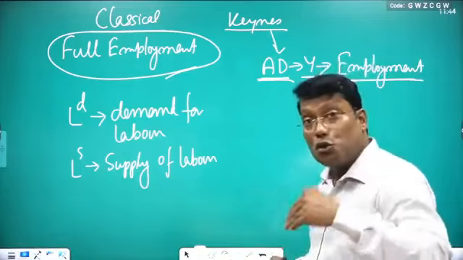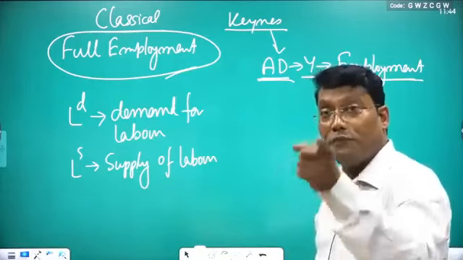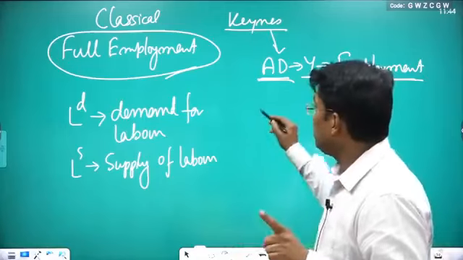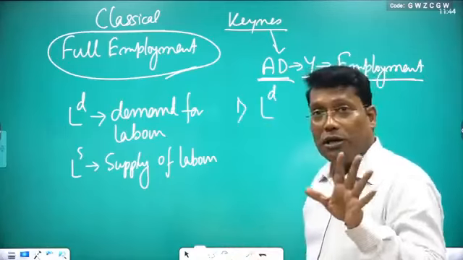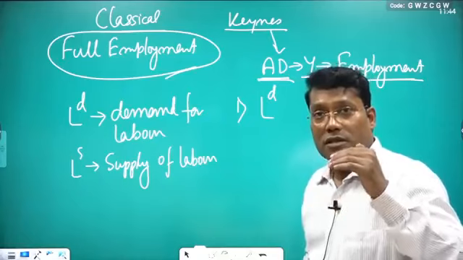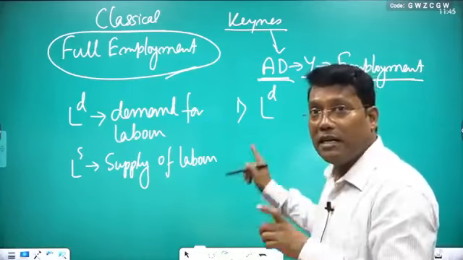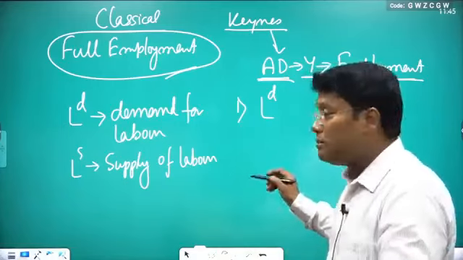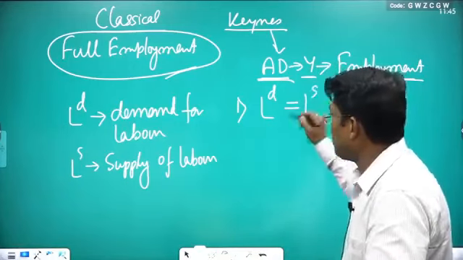Demand is so high that to meet that demand you produce output, and to produce output you demand LD amount of labor. There is one possibility: this LD, demand for labor, must be equal to labor supply.